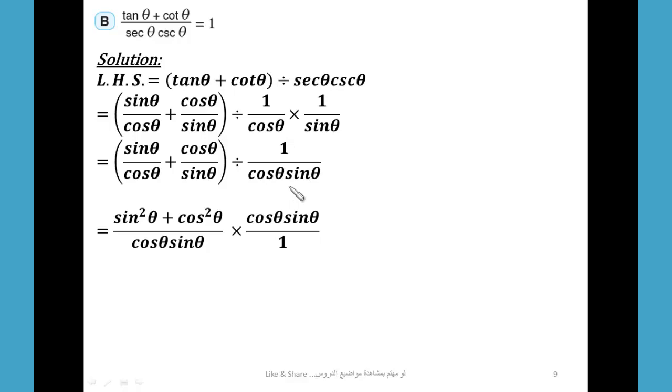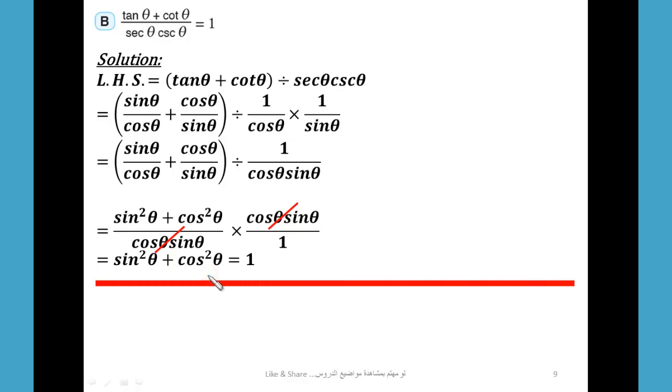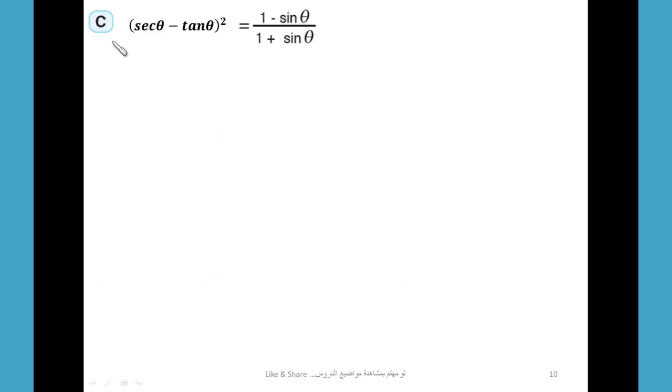What is the multiplicative inverse of this fraction? It's cosine theta sine theta over 1. But sine square plus cosine square equals 1, and you can cancel cosine theta sine theta with cosine theta sine theta. So the remainder will be sine square plus cosine square, which equals 1, and this is the required.